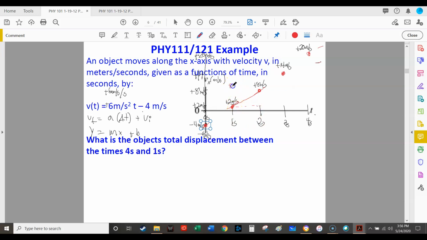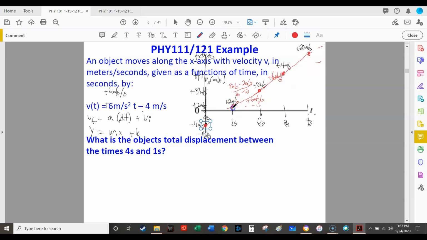So 8 meters per second minus 2 meters per second over 2 seconds minus 1 second. That's going to be 6 meters for this second. So this is going to be positive 6 meters per second. So it looks like I've got this correct. So each one of these slopes is positive 6 meters per second for every second.